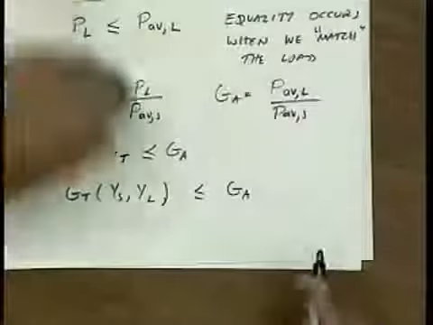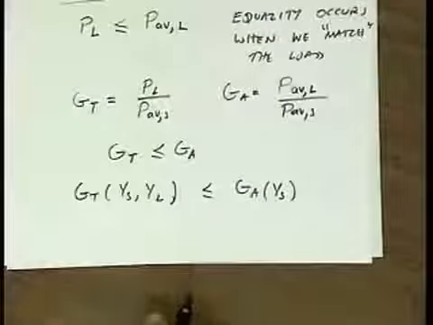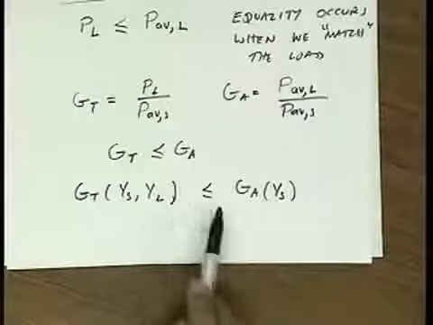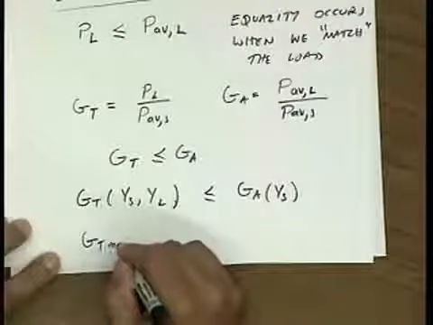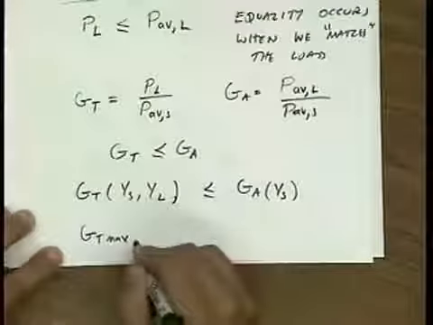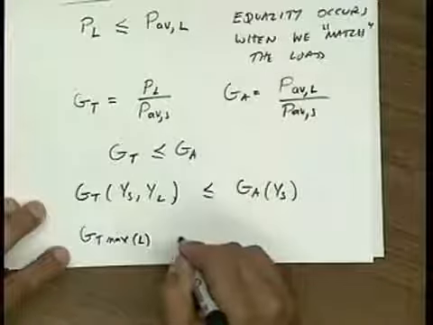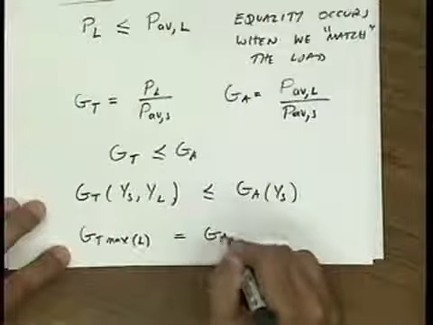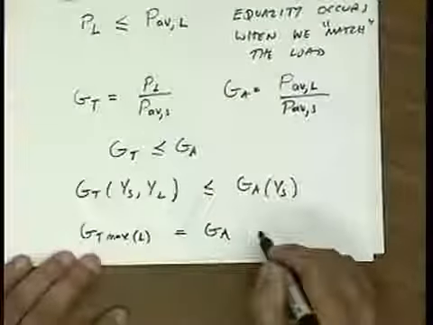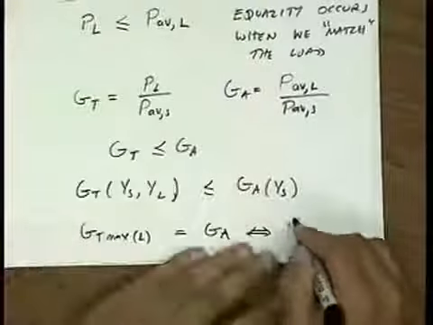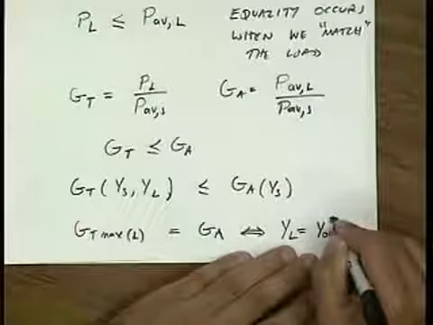So this tells me that if I want to obtain equality, in other words, let's call it GT max over source load, I should choose YL equal to Yout conjugate.